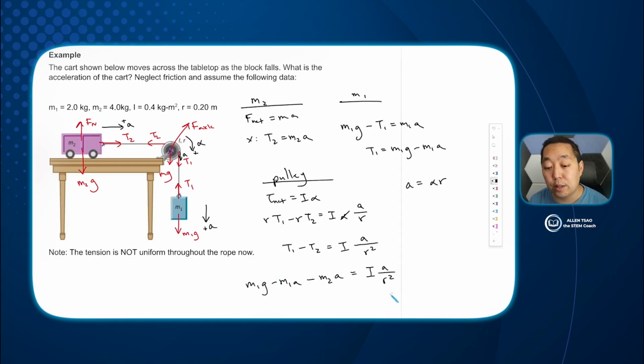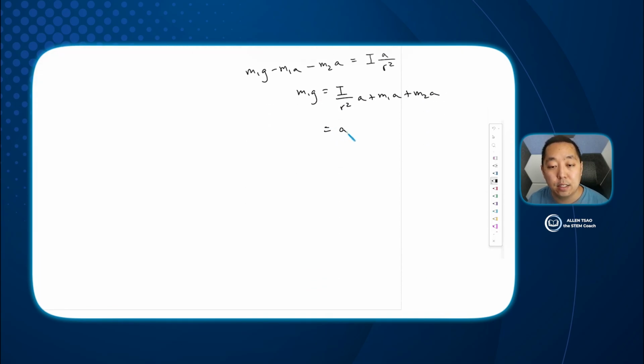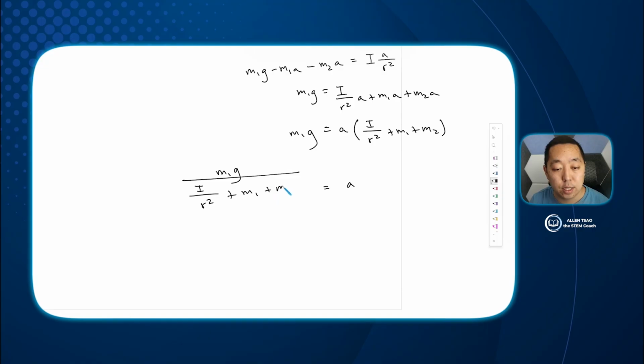Now we just want to group all the A's together, so we get M1G is equal to I over R squared times A plus M1A plus M2A. We can now factor out an A, right? I over R squared plus M1 plus M2 is equal to M1G, and then divide the thing over. So the acceleration is M1G over I over R squared plus M1 plus M2.